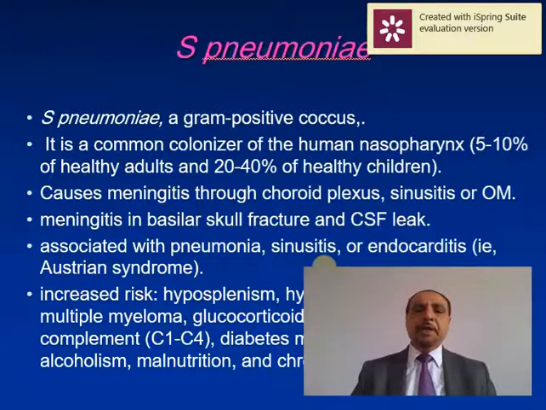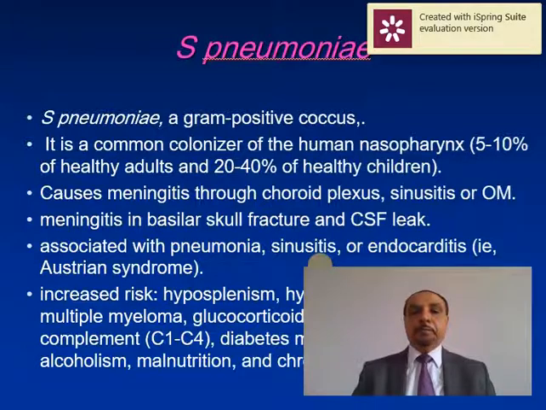Now, simply about Streptococcus pneumoniae, which is well known, and you know a lot about it from before, but briefly we'll speak about it. Streptococcus pneumoniae is a gram-positive coccus. It's a common colonizer of the human nasopharynx.